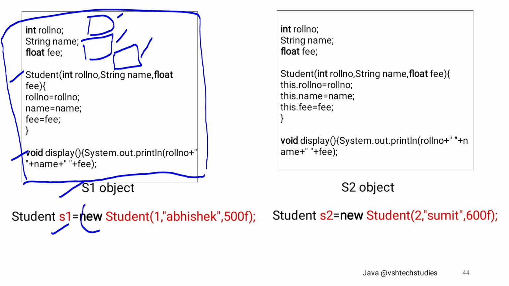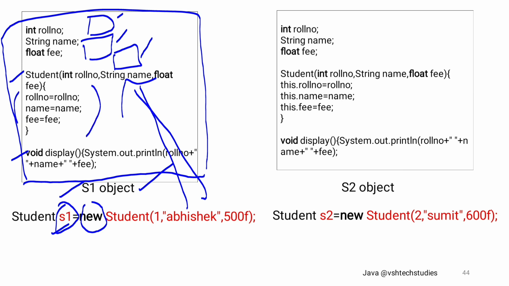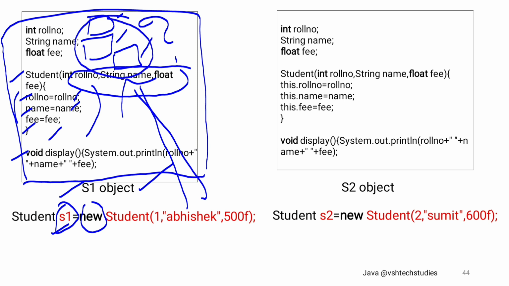When we create using the new operator, space is allocated for the S1 object and these parameters are passed. In the code of its constructor, roll number equal to roll number, name equal to name, fee equal to fee, it will be a big question, naming conflict: whether it refers to formal parameters or to data fields or instance variables. Hence the program will not work. The same is the case with the S2 object also.